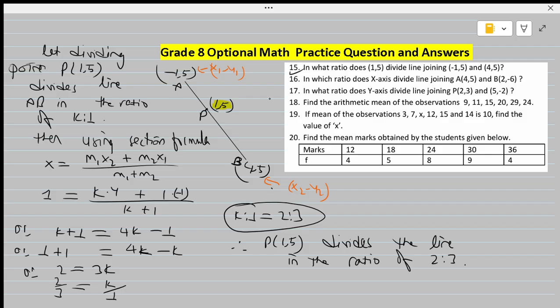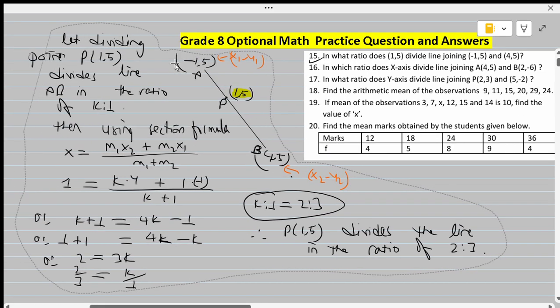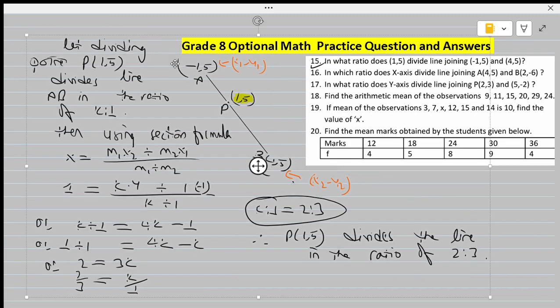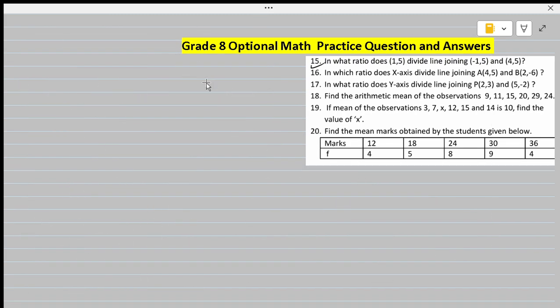Now we go for number 16. So doing number 16, let's make this number 15 answer clear. Okay, so I'm going with number 16 now.